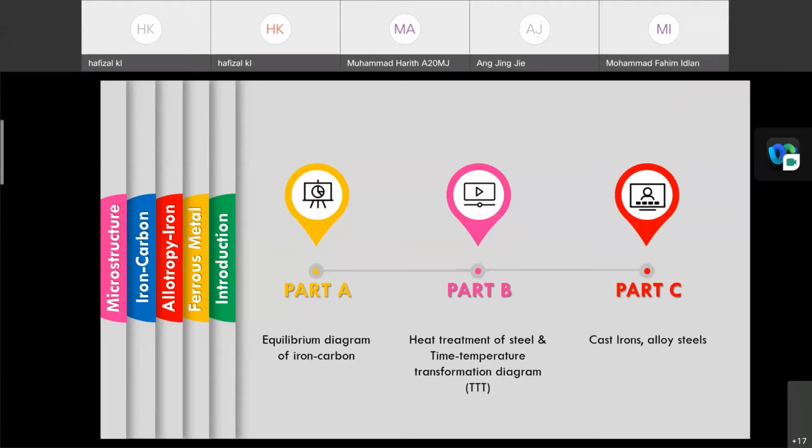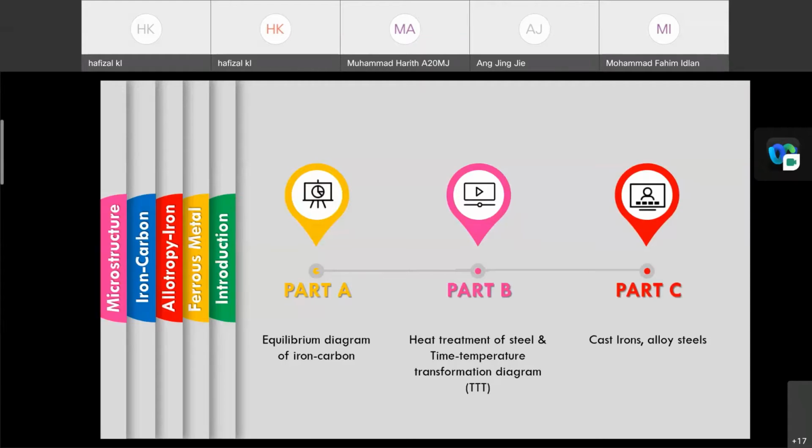Okay, and we raise the percent of other foreign materials. Then we start to look at the graph, the curve and the line, transforming from the liquid solution to the solid solution.